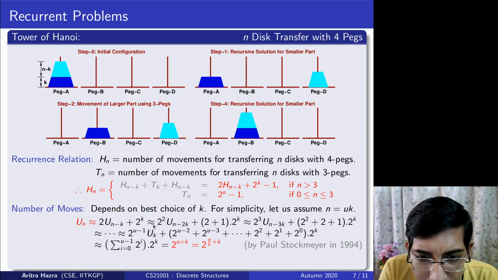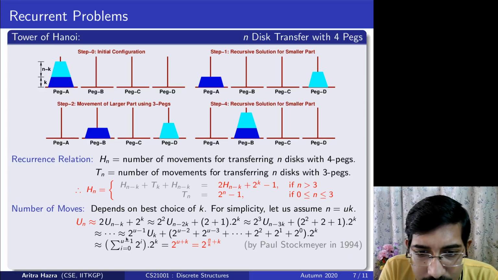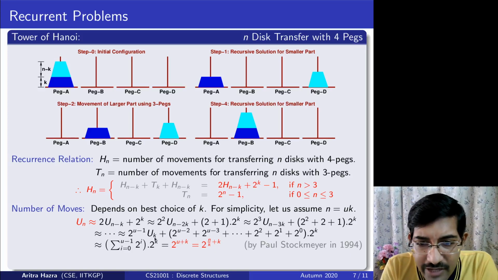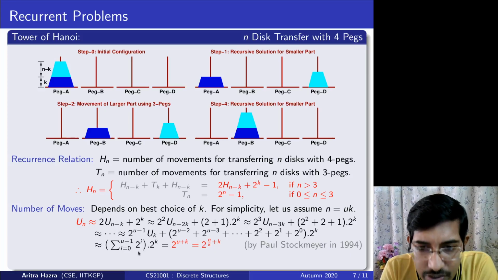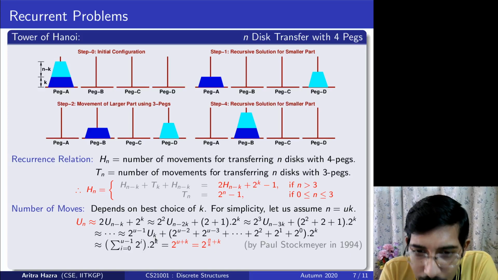All of them are approximating, because Hu minus k is again expanded with this same form. That's why I put an approximation in each step. If I took this one, this would be equal otherwise. So these all steps are approximating my answer till this point. Now when I reached here, I reached a point where I get 2 to the power u minus 1 Hk plus all this.